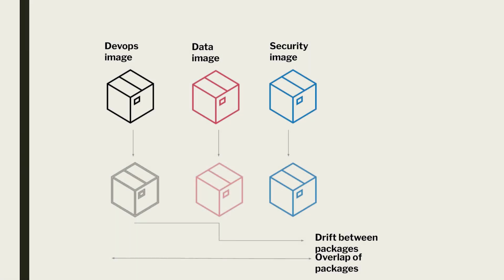Then a list of solutions come up, right? Let's break up this big Docker image into 3 different ones. Let's give people a DevOps image. Let's give people a security image. Let's ask partners, what kind of image do you want? And then you have a data image, a security image. You try to meet in the middle, and a DevOps persona, a data persona, each with versioned variants.